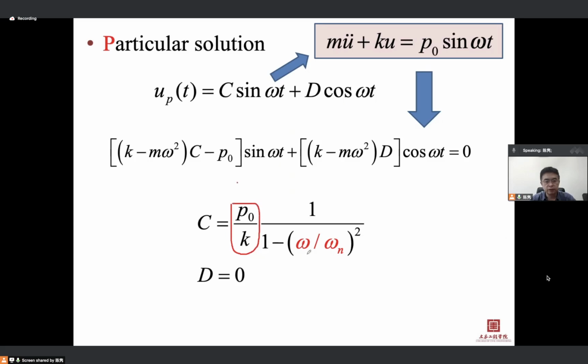Because you move K out, here it becomes 1, and then this divided by K, and K is M omega n squared.